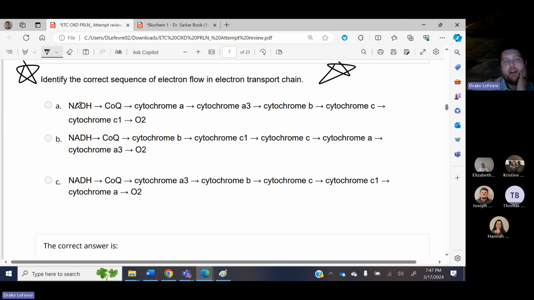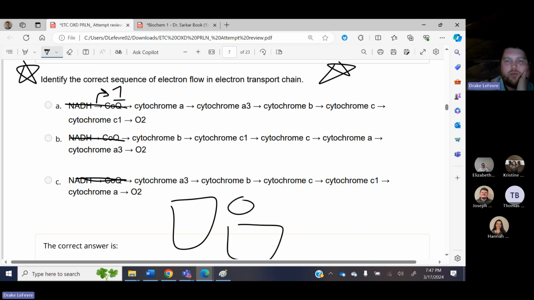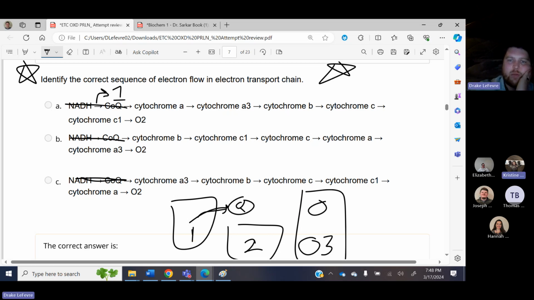So NADH to CoQ10. How do we get from NADH to CoQ10? Through which complex? Complex 1. That's the same, so that's not the difference. From complex 1 we go to CoQ10, and then we go here.